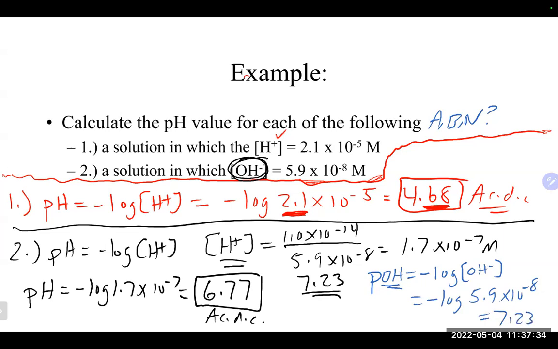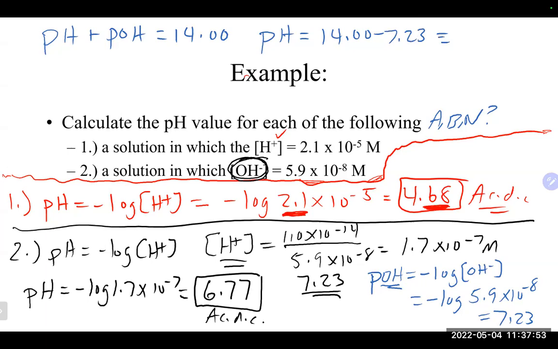That once again is not the pH, but a nice relationship is pH plus the POH equals 14, which means you could then take your POH value, take 14 minus 7.23, and that gives us a pH of 6.77. So all is not lost, and sometimes that is a quicker way to do it than using KW.